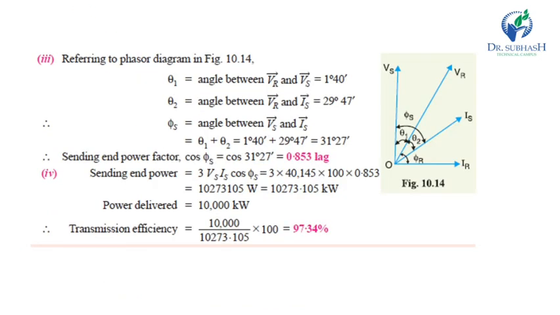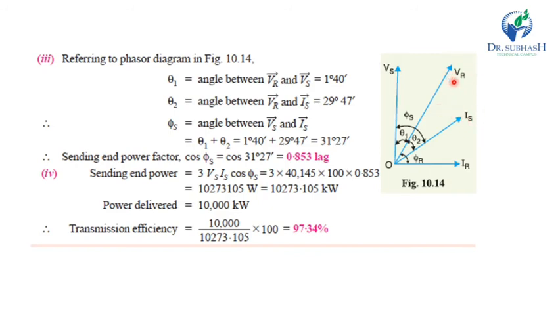Now referring to the phasor diagram, we have to find out the sending end power factor. The sending end power factor is the angle between sending end voltage and sending end current. So here, the angle between Vs and Is.